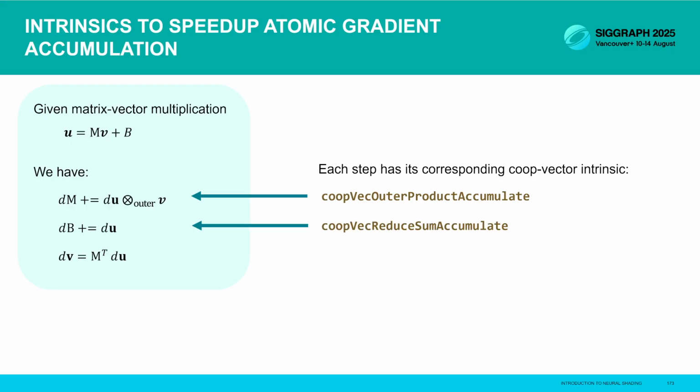For biases, there is the CoopVec reduce sum accumulate function, which atomically accumulates dU to dB. And finally, to compute dV, we use the CoopVec matMulAdd function to do the transposed matrix vector multiplication.